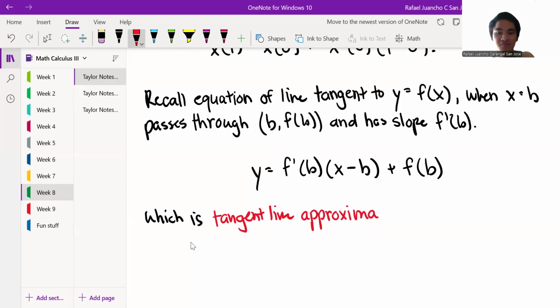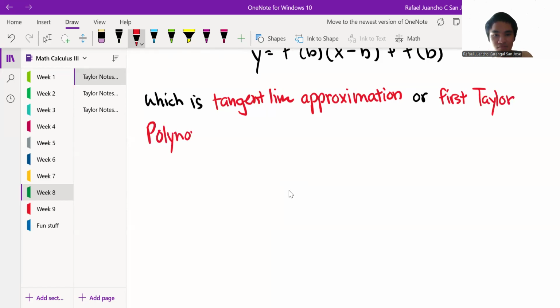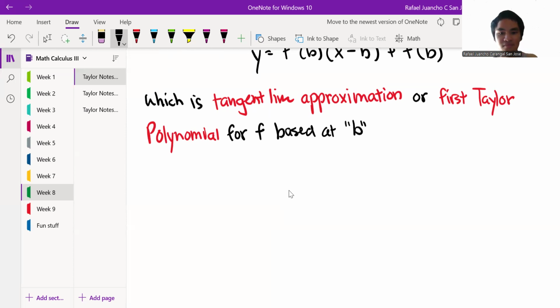Because we approximate some tangent line to that curve. Or we also call it the first Taylor polynomial, particularly for f based at b, right?